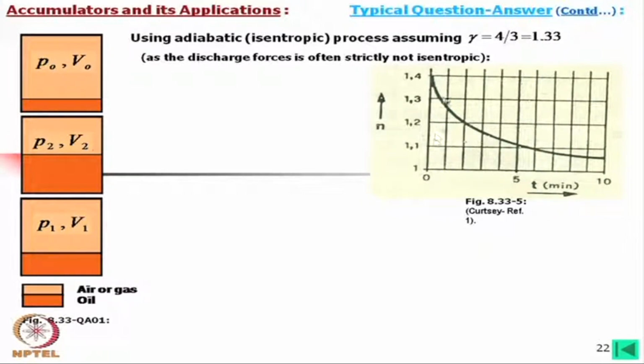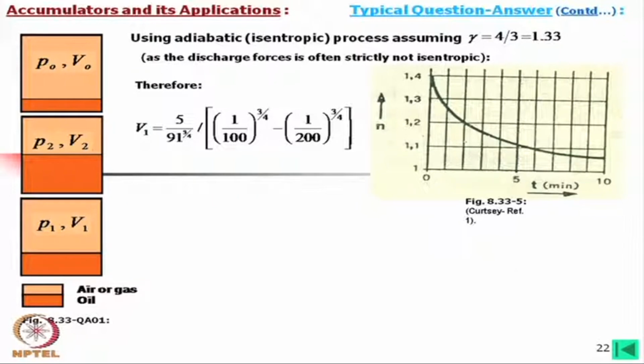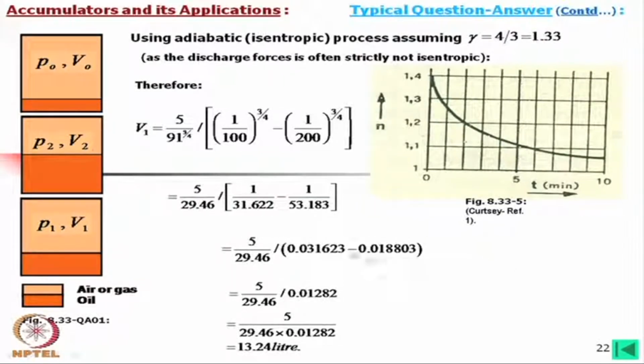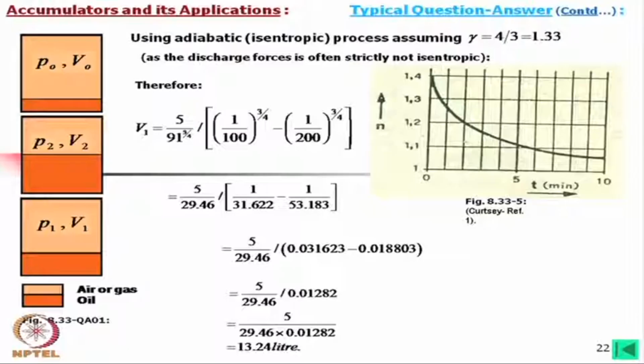In that case we consider 1.33, and according to that we calculate the volume. So, the volume comes to 13.24 liters. Earlier in the case of isothermal we found it was 11 liters, and in this case we need 13.24 liters.